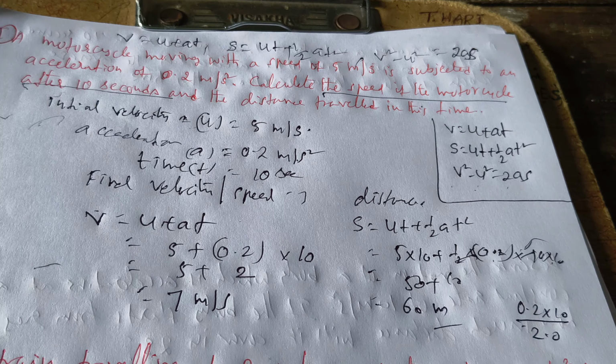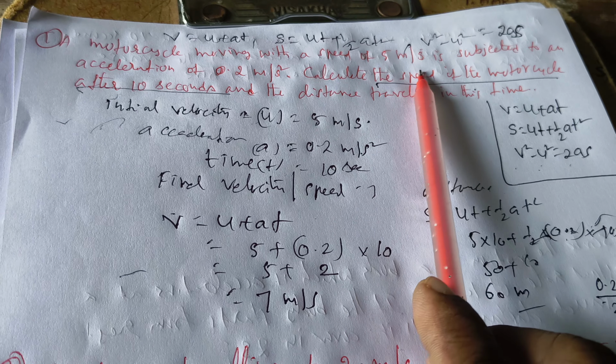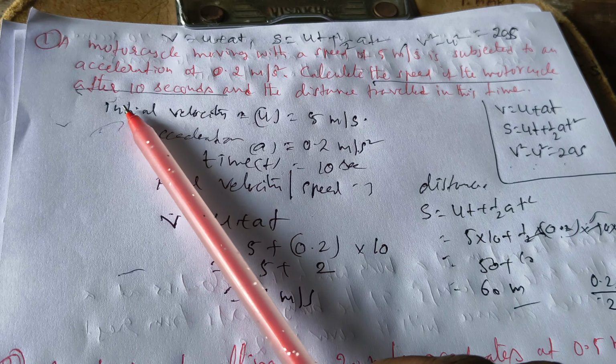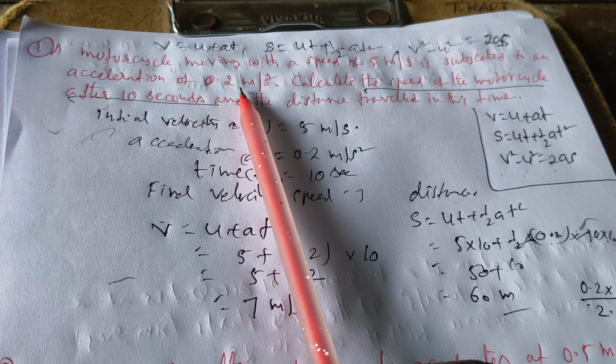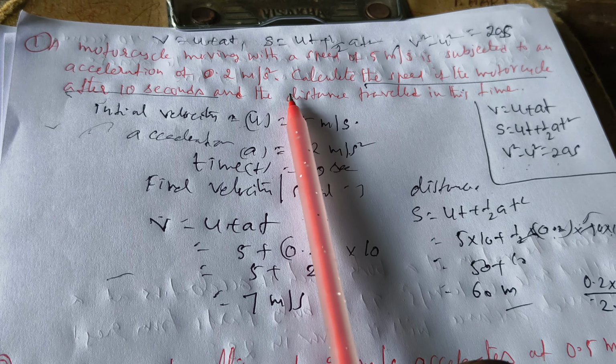Let us take the first problem. A motorcycle moving with a speed of 5 meter per second is subjected to an acceleration of 0.2 meter per second square.